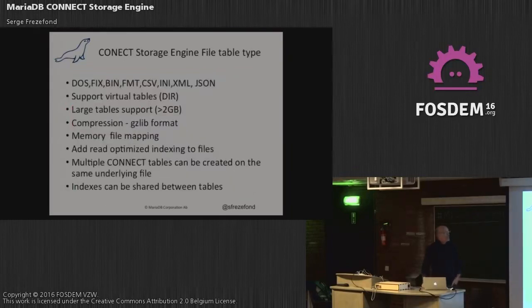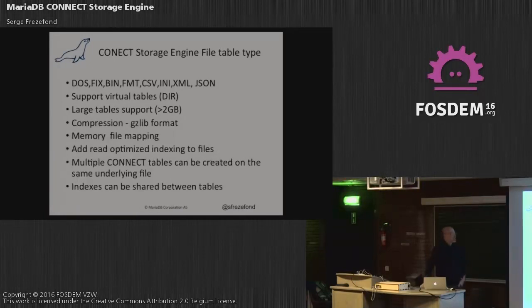First of all, it supports file formats. When we use file formats, you can almost query and build tables on any kind of format. I mean, a binary file, a CSV file, a JSON file, an XML file, anything you can think about. This is powerful, and you can build a table based on multiple files.